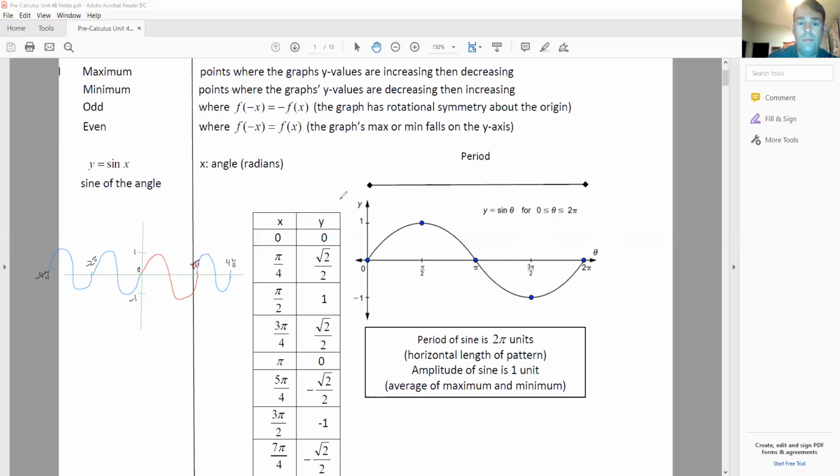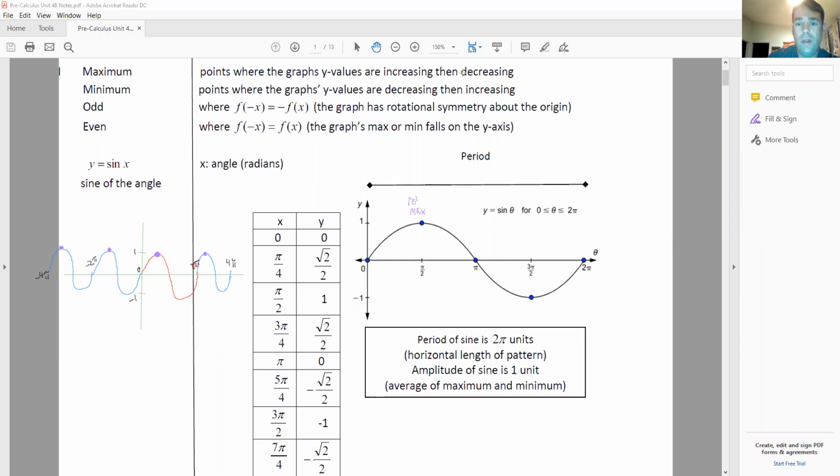As you look at this graph, going back to what we did first semester, it has a relative max. But realize that relative max is not just here, it's going to repeat itself on every single period.